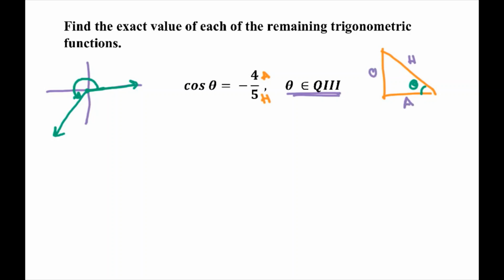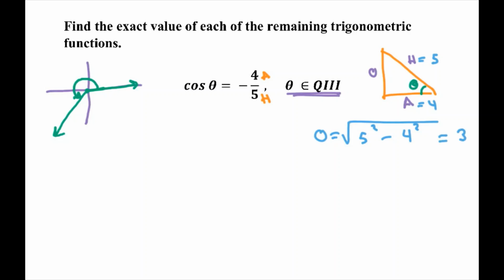Now we know that the adjacent is equal to 4, the hypotenuse is equal to 5. We ignore the negative now. We need to find the opposite. So the opposite side will be equal to the hypotenuse squared minus adjacent squared, and that's going to be equal to 3.